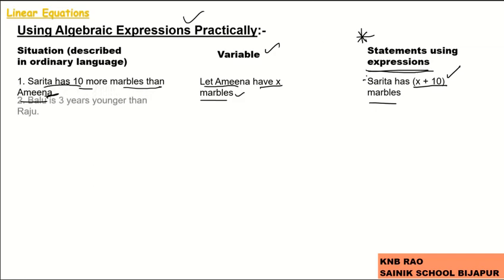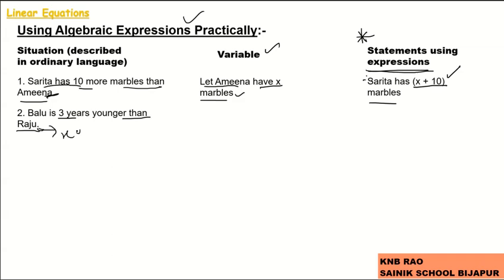Then, the second one now: Balu is 3 years younger than Raju. Now, can you tell me whose age is depending on whose age? Here Balu is 3 years younger than Raju's age. That means Balu's age is depending on Raju's age. Therefore, I will assume Raju's age as the variable.